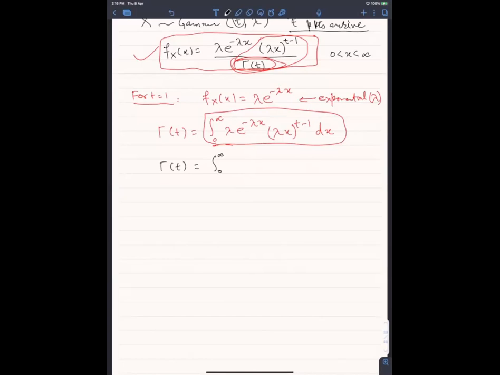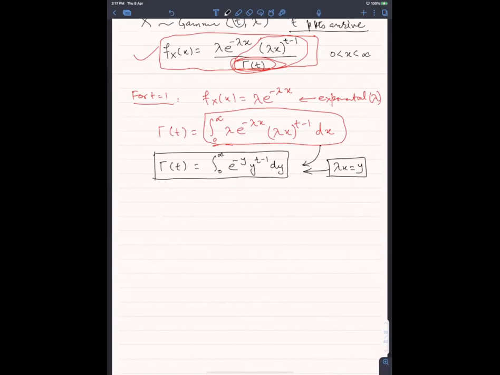Lambda will get integrated out anyway. So this would be equal to the integral of e to the minus y power t minus 1 dy. Okay, and this can be seen by simply setting lambda x is equal to y in this above expression, and you will get this expression.